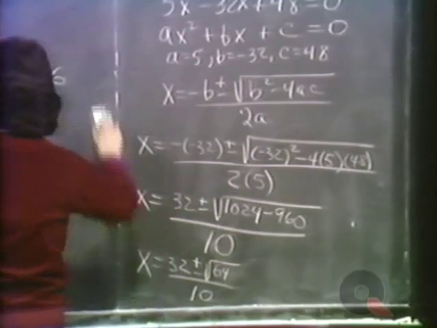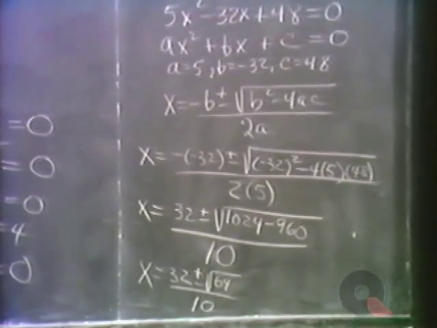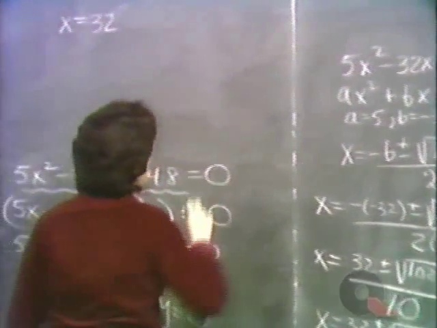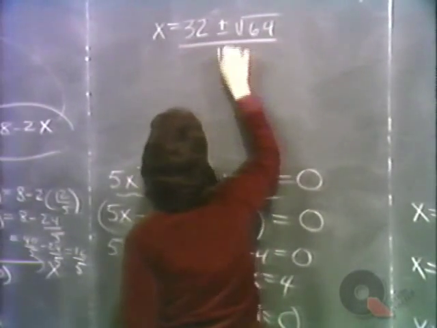Okay, let's just finish up over here. We have x equals 32 plus or minus the square root of 64, over 10.